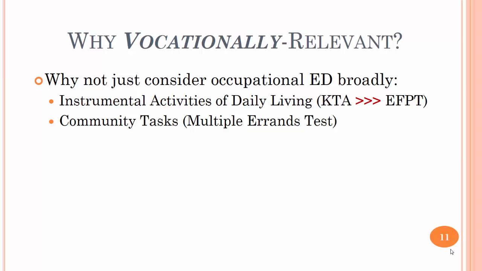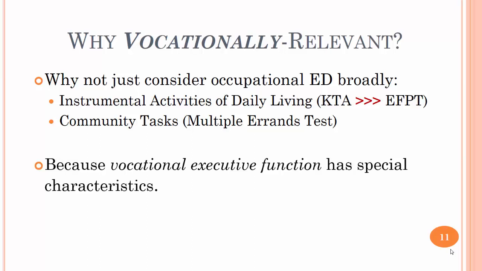Or why not just take a look at community tasks in terms of the multiple errands test developed by Shallice and Burgess and many others now in North America? The reason is that vocational executive dysfunction has special characteristics. It's not that the EFPT or the multiple errands test are lacking, it's really that they're just a bit off focus. Vocational executive function has special characteristics that those tests don't do a very good job of addressing.